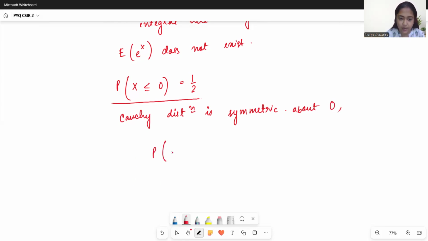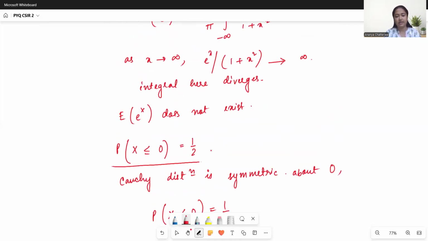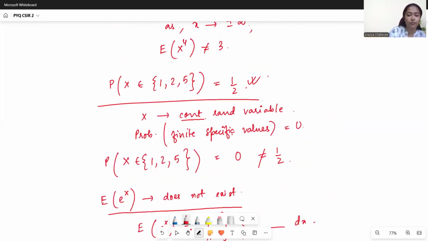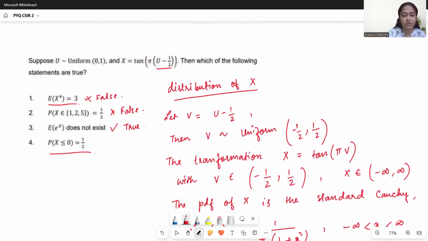From here, we get probability x less than or equal to 0 is absolutely half. So from this, we get that this statement is also true. So statement 4 is also true.